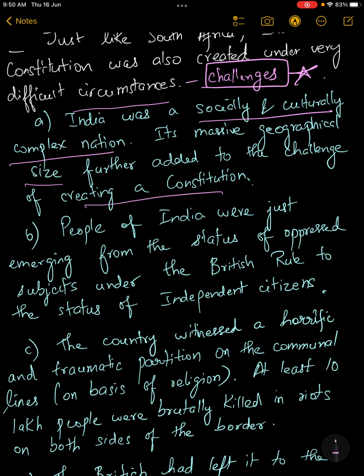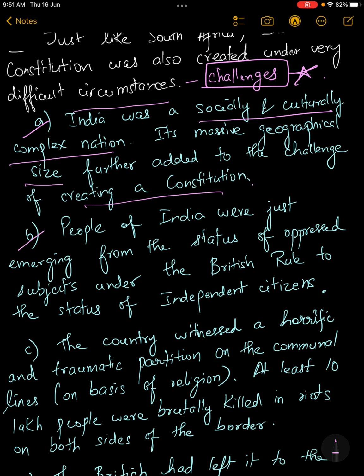There is so much diversity, so many people, so many religions, so many customs, traditions, opinions and perspectives. Imagine trying to come up with one document which is accepted by everybody. Punjabis, Gujaratis, Malayalis, Telugus, Kannadigas, Meghalayans, Mizos. Very challenging, of course. So this is challenge number one.